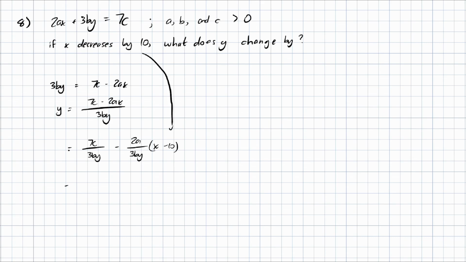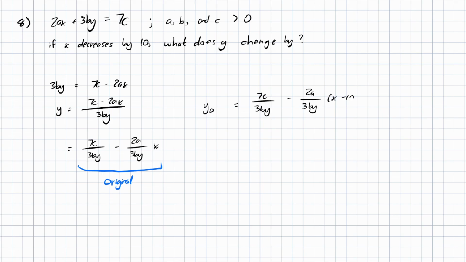And so you have 7c, let me rewrite this, right? So this is the original. Now I have, let's say this y naught, okay? I have 7c over 3b minus 2a over 3b times x minus 10.